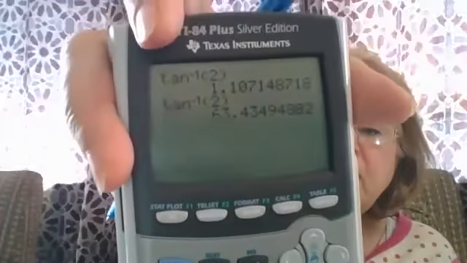Second button, tangent button, and you are entering 2, closing parenthesis, push enter, and you have a different answer. So it will be in degrees, theta approximately 63.4349.